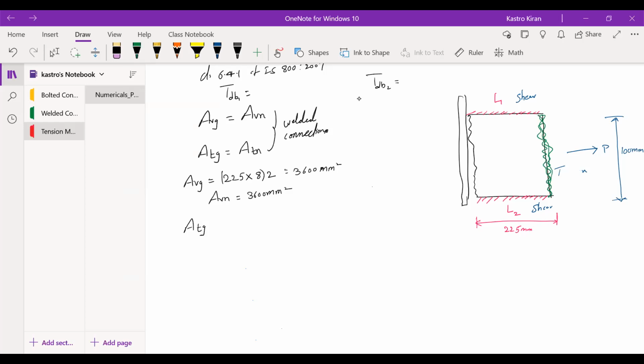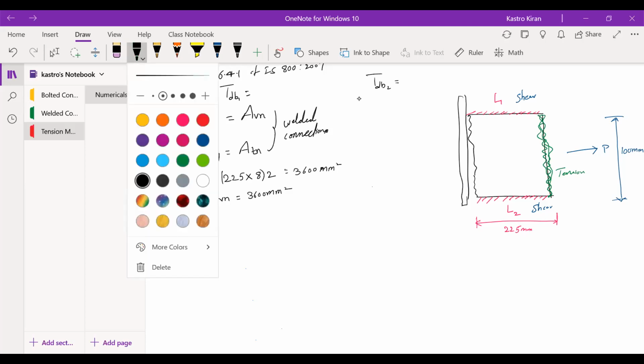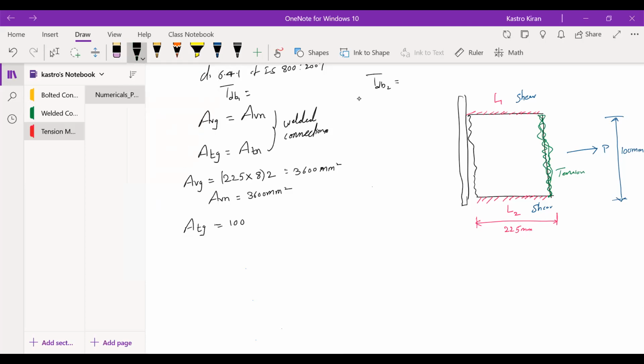Now you know the length of the tension plane, which is 100 mm, multiplied by the thickness of the gusset plate. Now here, how many tension planes are there? We have only one tension plane, so I'm just multiplying with 1, or you can keep it that way itself. That will give you the value of ATG, which will be 800 mm squared. And the same value is taken for ATN as well.